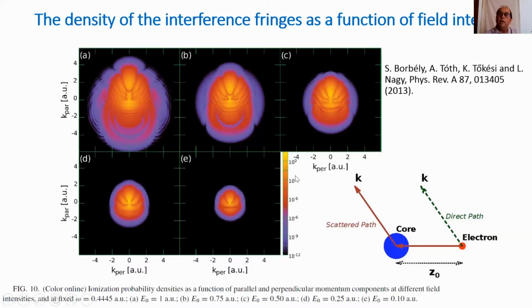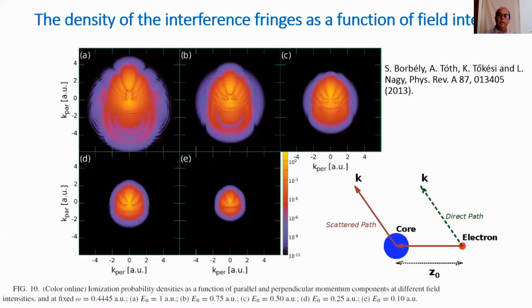We can also link this density of the fringes to the maximum distance between the electron wave packet and the core before it is rescattered. This maximum distance we denote Z0.